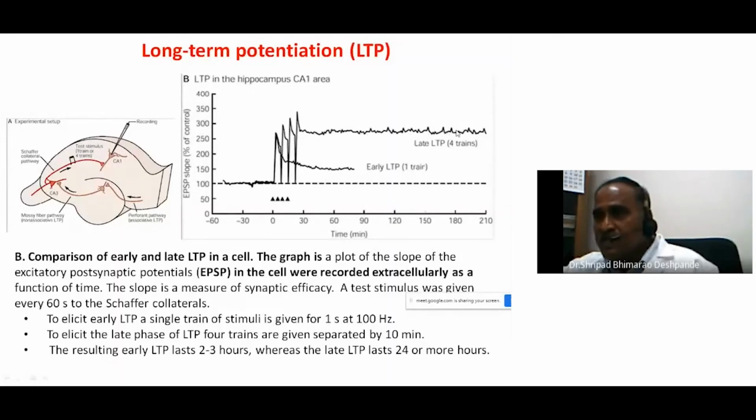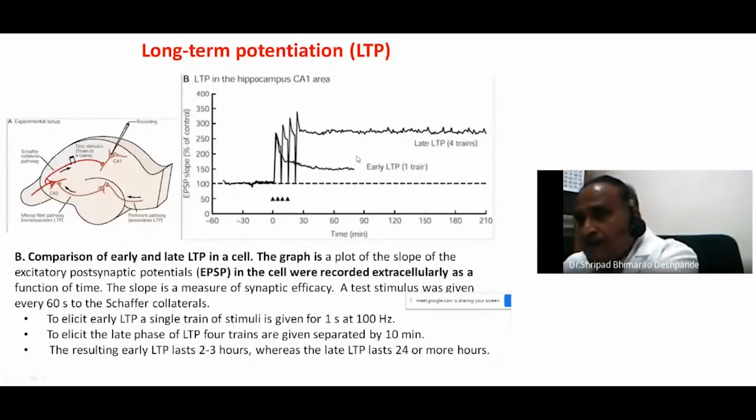After the 4th train you get a late LTP. So this is an early LTP and a late LTP. The early LTP lasts for 2 to 3 hours, whereas the late LTP lasts for 24 hours or more.